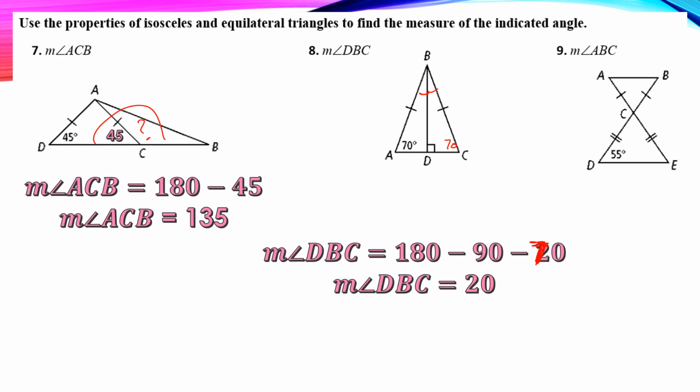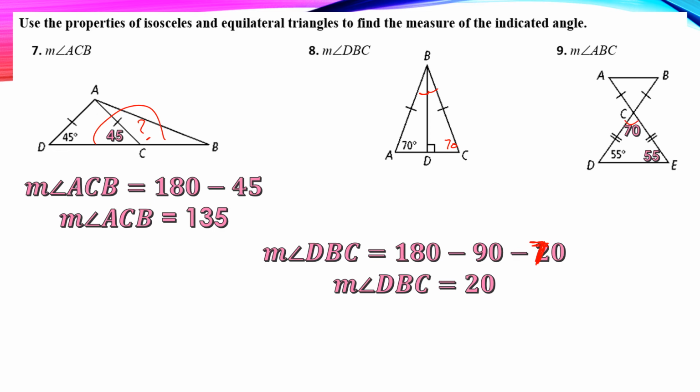For number 9, this is kind of tricky, but you know that the bottom triangle CDE is an isosceles. So angle CDE is 55. That means angle CED is also 55. Then we can do 180 minus 110, which gives me 70.